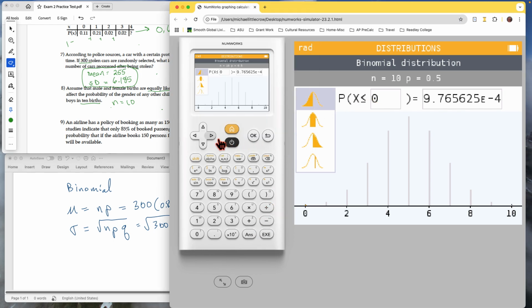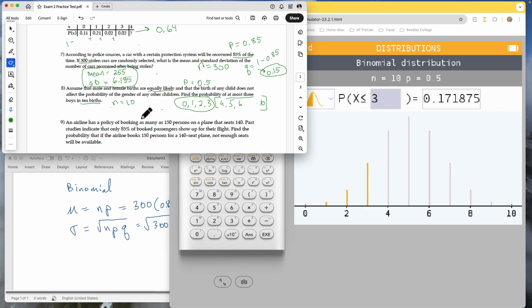Okay, so less than or equal to 3. It's going to give us a 17% probability. Okay, so we can list that as 0.1719, which we could also list as 17.19%.